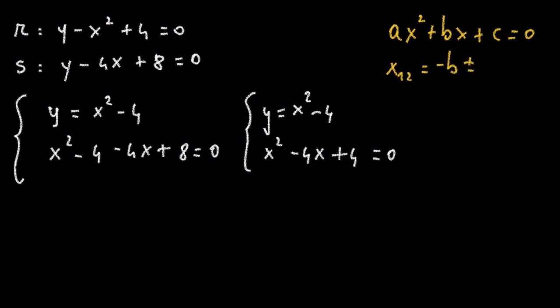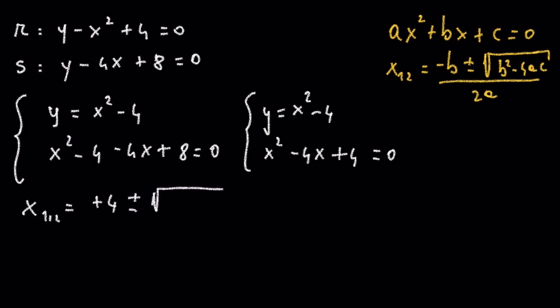the quadratic equation formula is this. So if we apply it in our case, we find that x equals 4 plus or minus the square root of b squared, which is 16, minus 16, divided by 2.